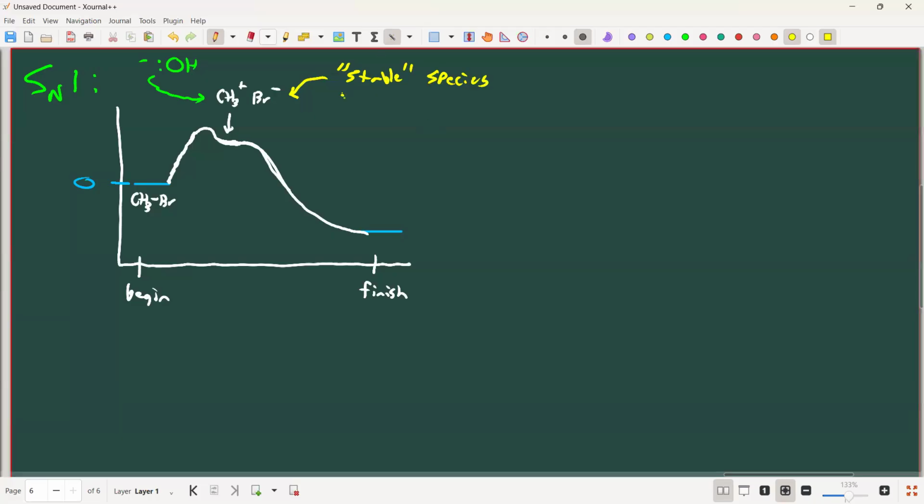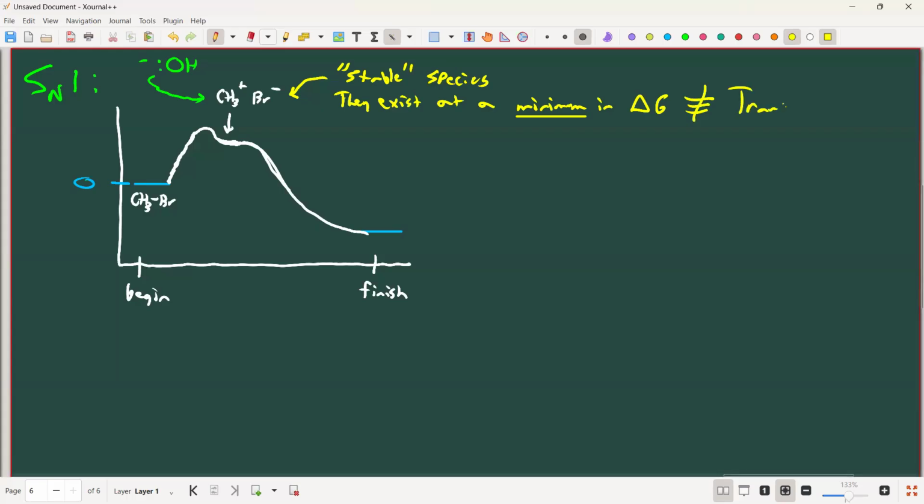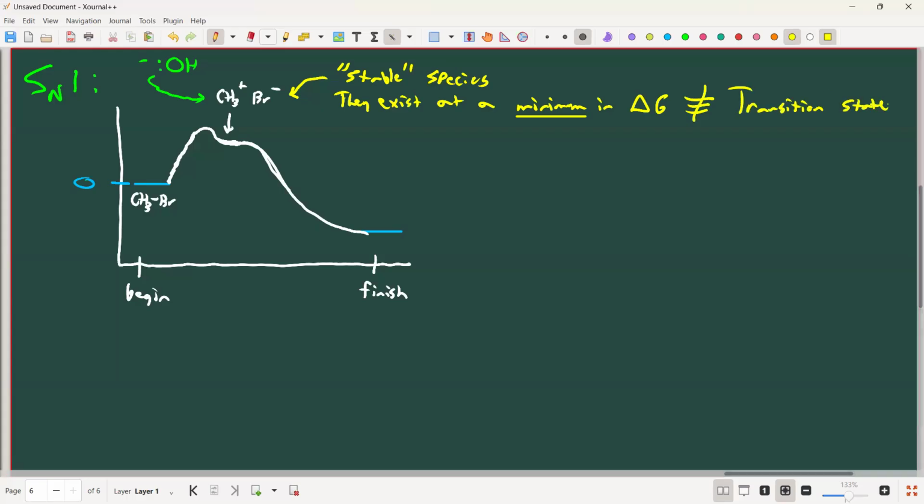They exist at a minimum in delta G. Now that delta G might be way higher than the products or the reactants, but it's at a minimum. Therefore it is not a transition state, because the transition state is at a maximum. So what we call this is an intermediate, a chemical intermediate.